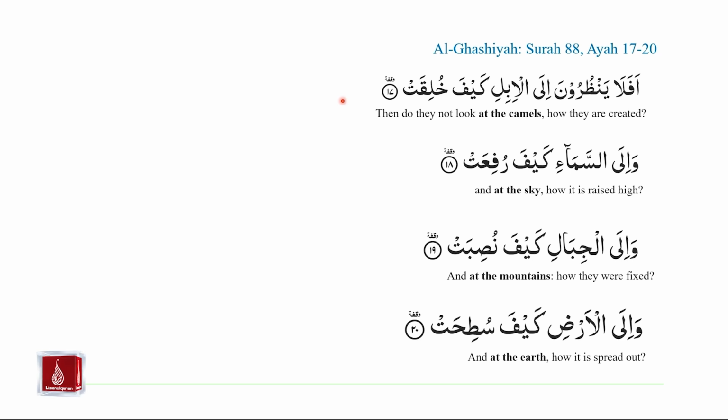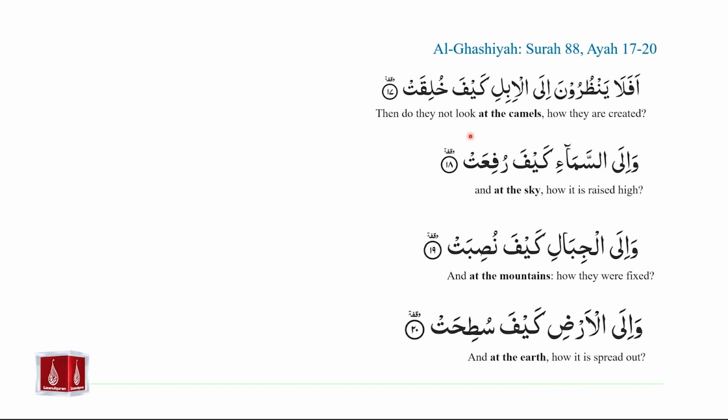There are several examples of ila in Surah Al-Ghashiyah, which is Surah number 88 of the Holy Quran. In ayahs 17 to 20, Allah subhanahu wa ta'ala says, Then do they not look at the camels, how they are created, and at the sky, how it is raised high, and at the mountains, how they were fixed, and at the earth, how it is spread out.